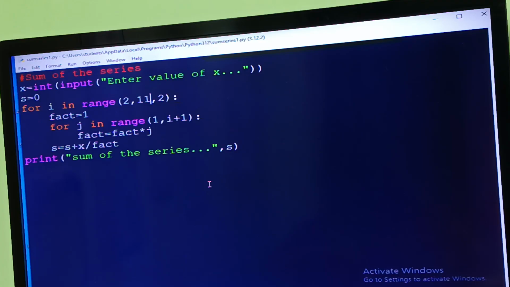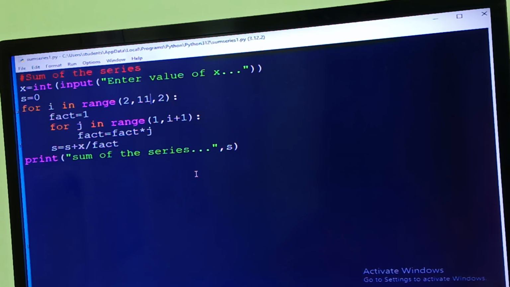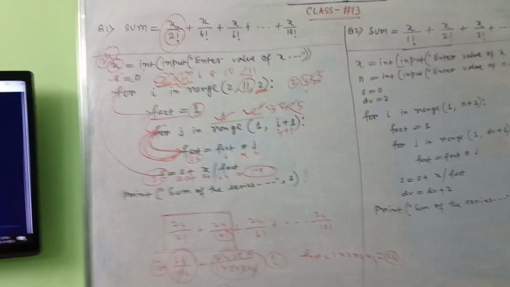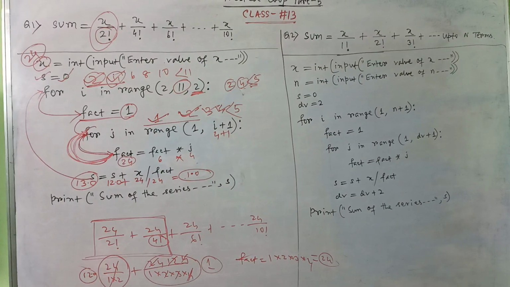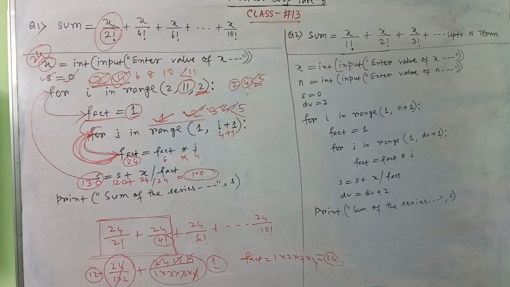You see that it is not up to n terms, this is up to n. Whatever program I have written on the board, everything is written here. Once again I'm showing, this is the program on the board, and a similar type of program I have written on the right-hand side of the board, and that is important also.